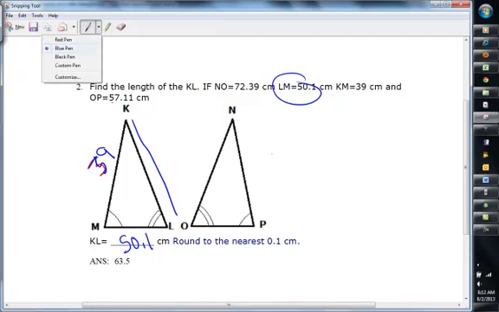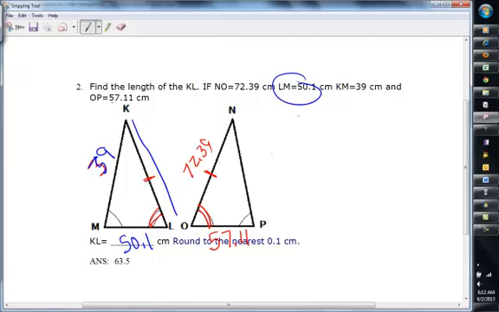And then in the other triangle, O to P is 57.11, and N to O is 72.39. Now be careful. This angle and this angle correspond, so this side and this side correspond.